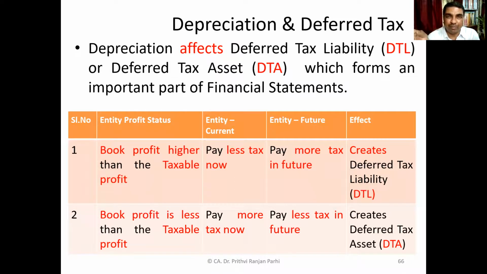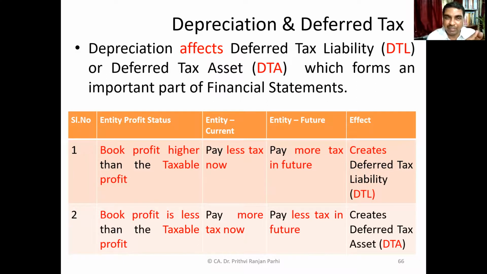When you compute book profit, you compute depreciation according to the useful life of the asset, depending upon the kind of entity. Suppose the entity is a company, then useful life is defined in the company's law. Accordingly, we compute depreciation. But under income tax law, depreciation is computed on the block asset concept. So depreciation might be different.